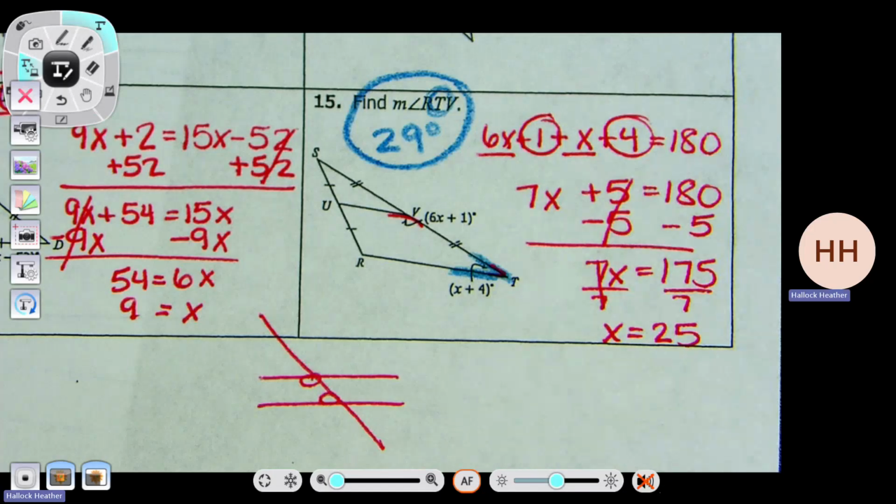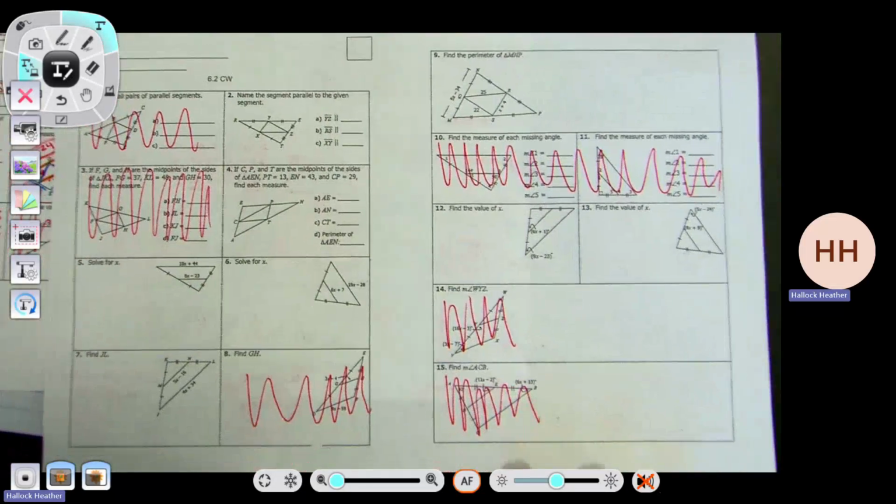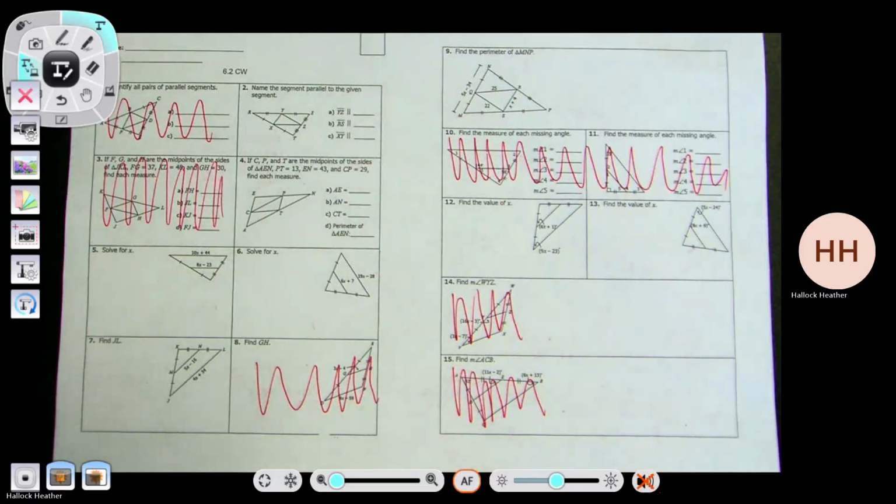On the back side, you can cross out numbers 1, 3, 8, 10, 11, 14, and 15.